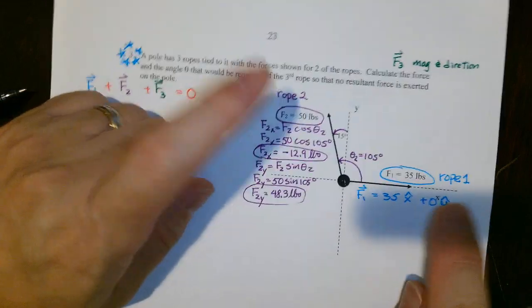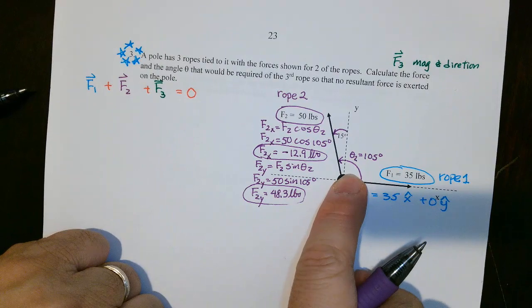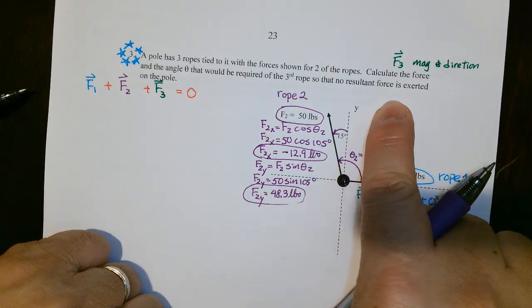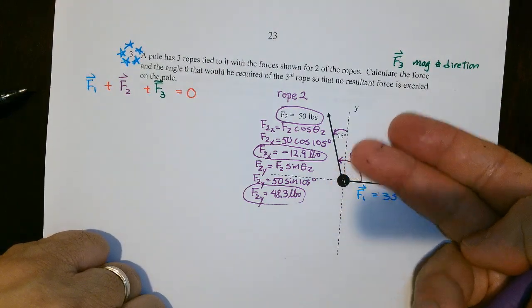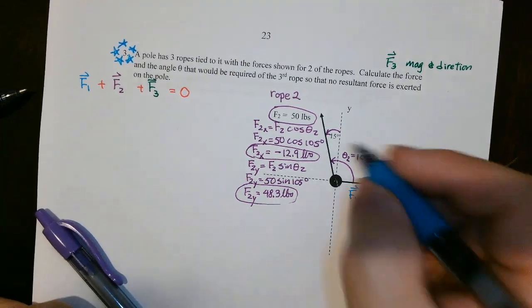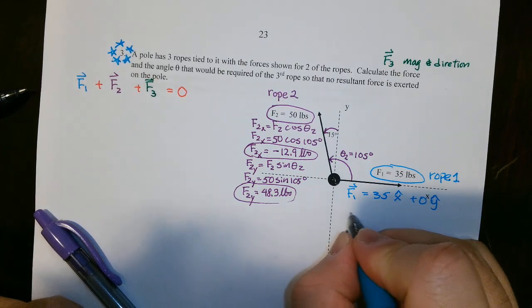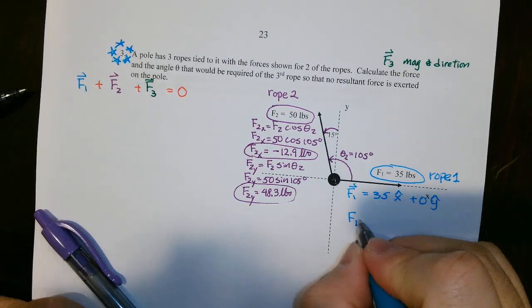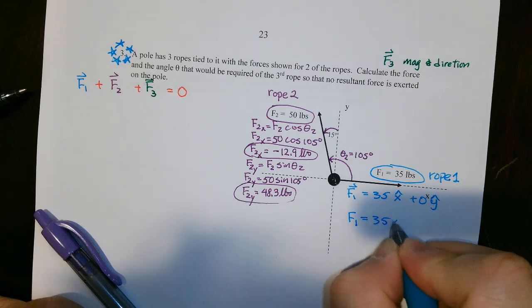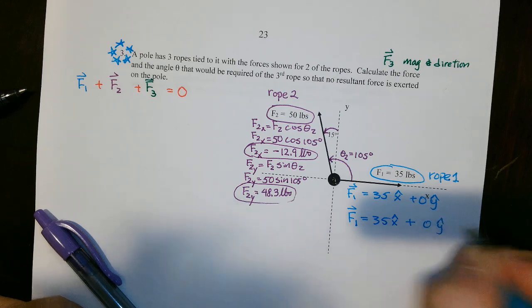So if I add these two forces, it would create a resultant force going that way. If I flip that the other way, that should stabilize it. Okay? So let's add these two forces together. Here, my F1 is equal to 35 x hat plus 0 y hat.